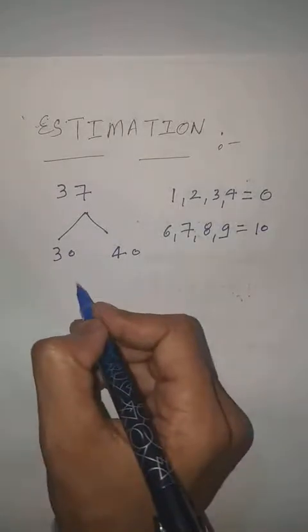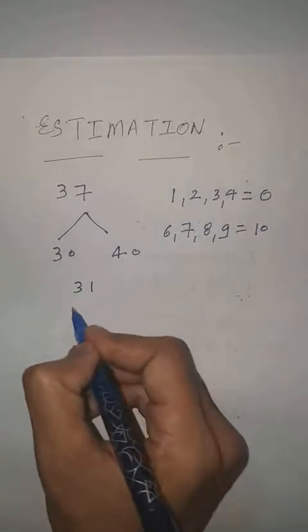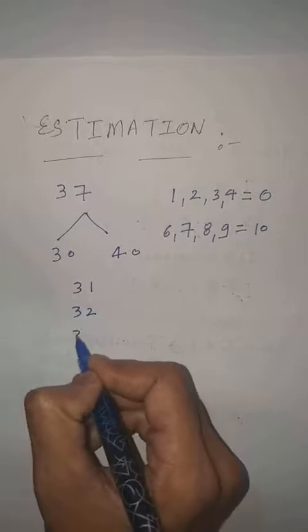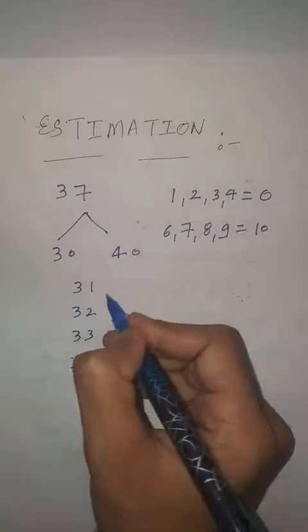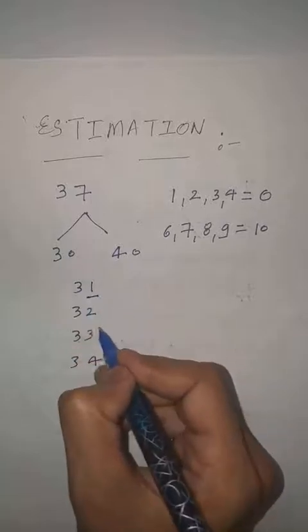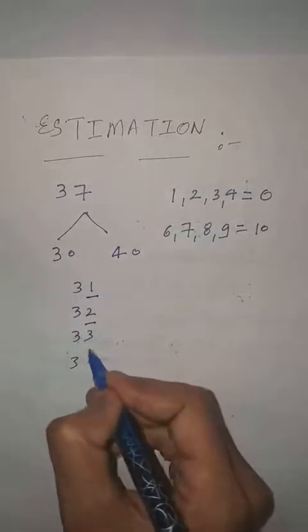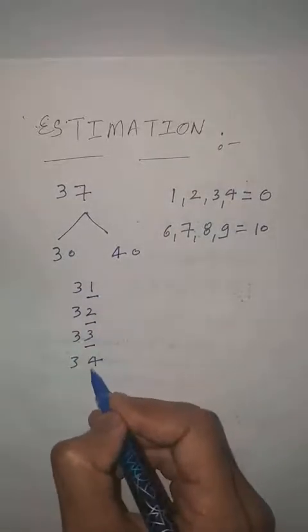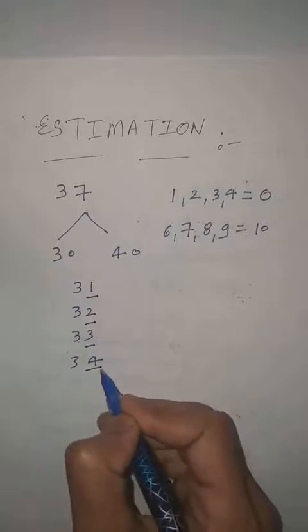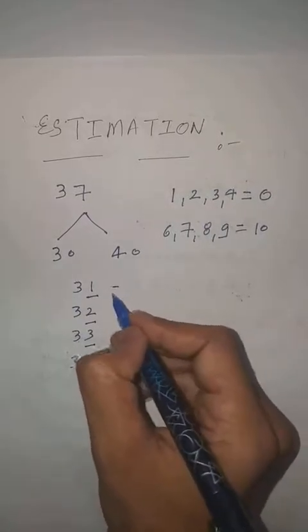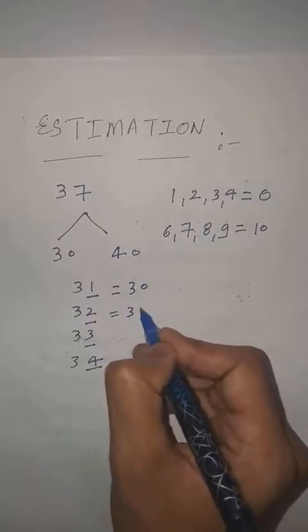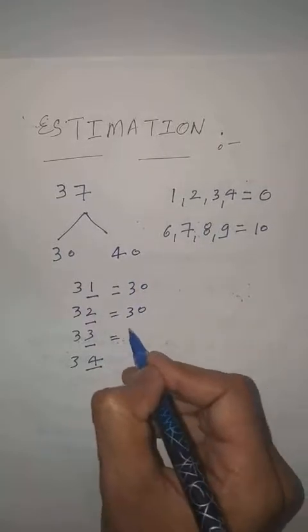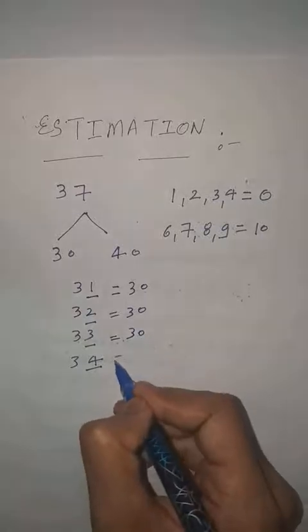Like if there is 31, 32, 33, 34, you will check the ones digit. Here the digit is 1, here it is 2, here it is 3, here it is 4. So what will you write down? This will become 30. This will also become 30, this will also become 30, and this also becomes 30.